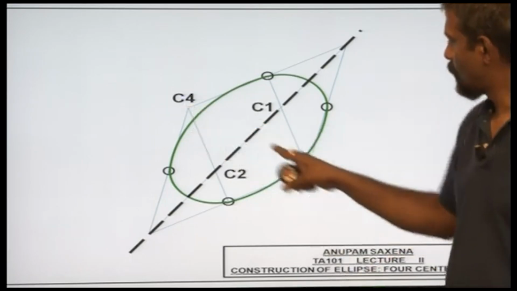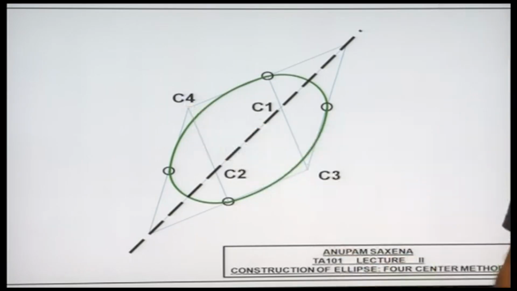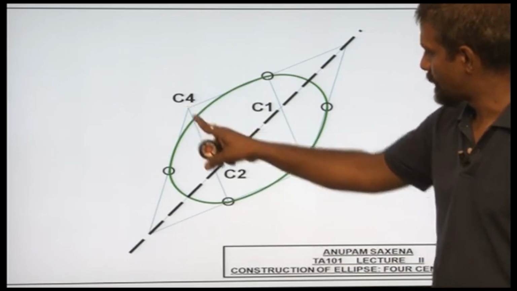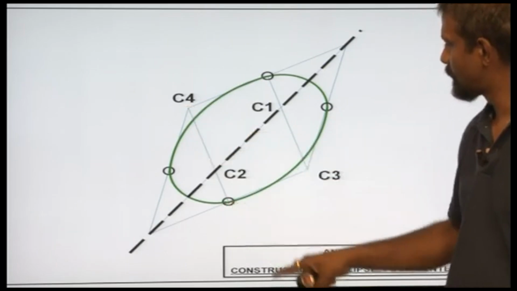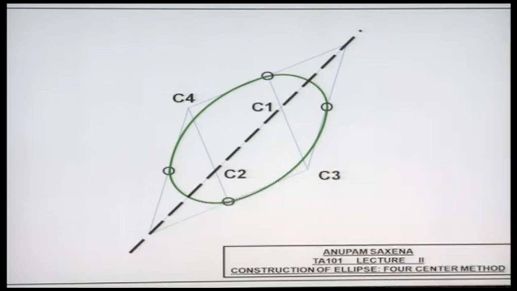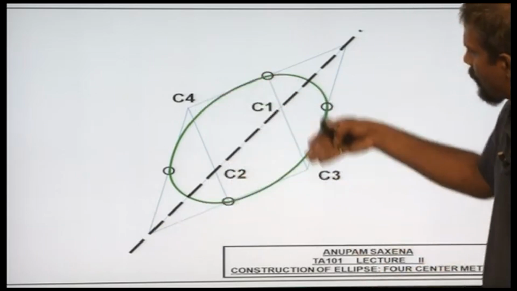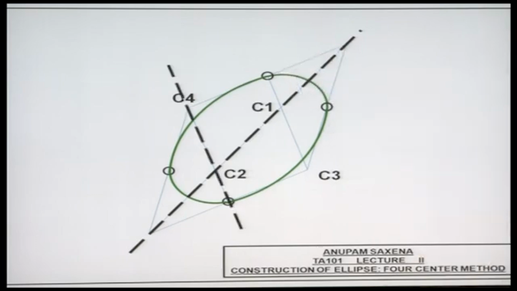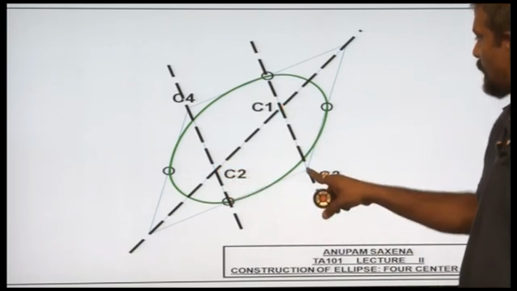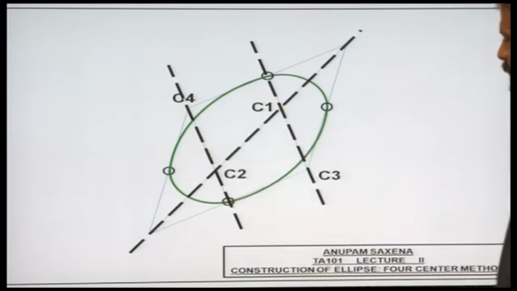One vertex over here, one vertex over here. Identify those vertices and join the corresponding vertices with the corresponding midpoints of the edges of the rhombus. From here to here and then from here to here. So, you will essentially have 4 centers, C1, C2, C3 and C4, and follow the procedure.